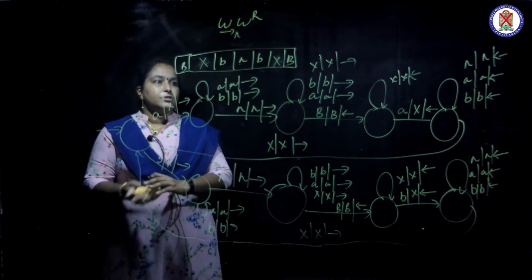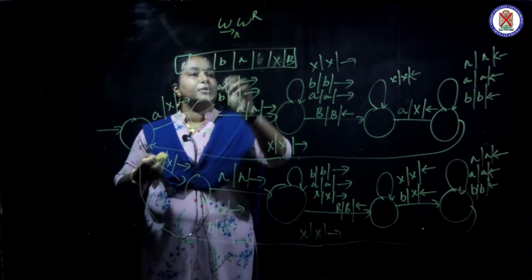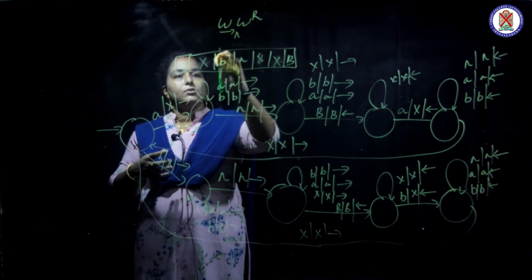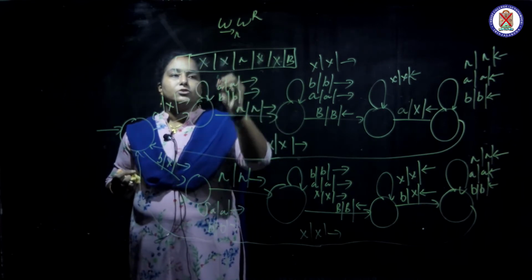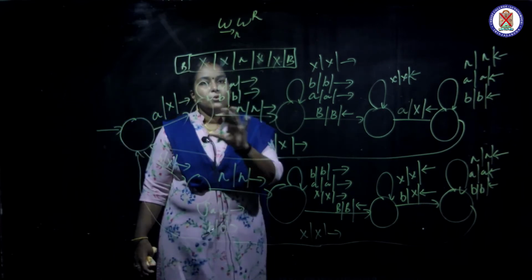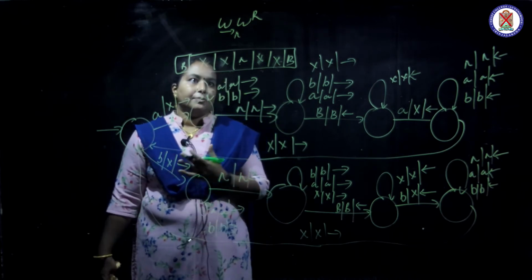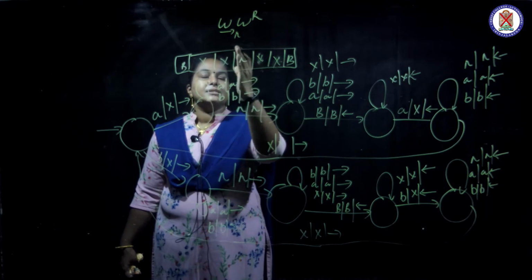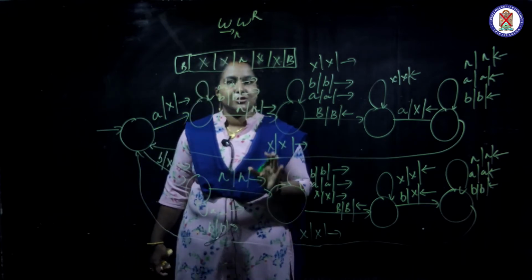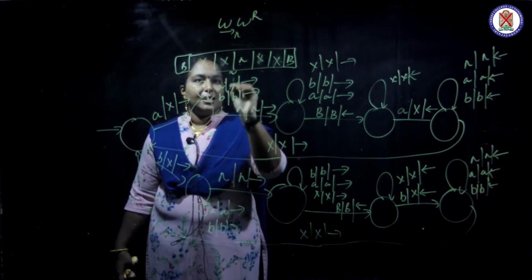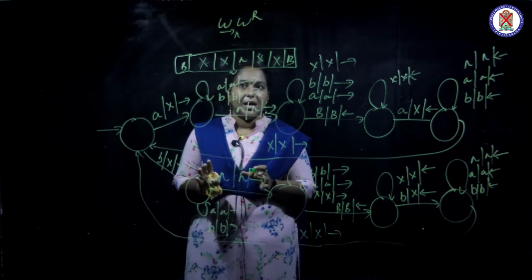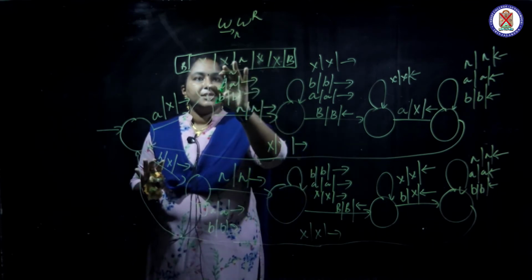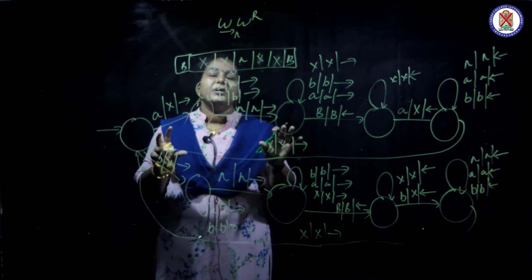Okay, after this x, and here also x, and look at this logic. After the whole matching, where will the pointer be? The pointer will be in the cell preceding the null. If it is correctly matched, the pointer will be in the preceding cell, and that will be x.